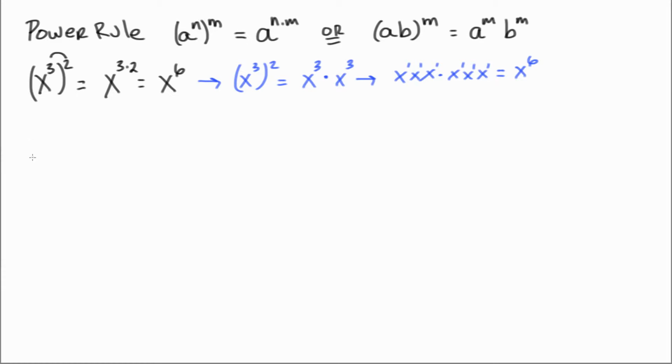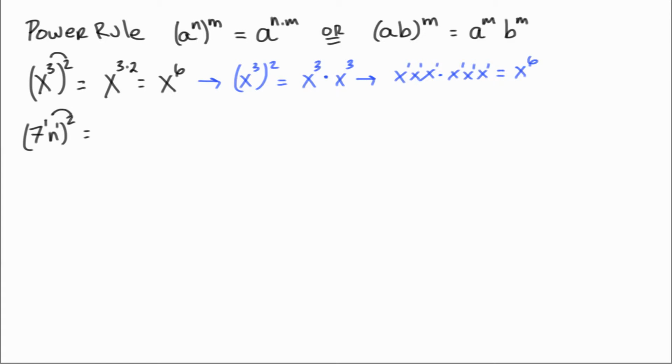Okay, so let's do another one. Let's say something like 7n to the power of 2. How do we do that? Here we don't have exponents in our term, 7n, but we can put exponents on it, and if you don't see any, you just put a 1.